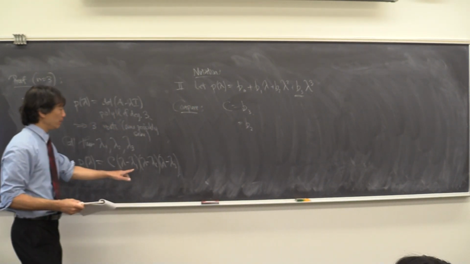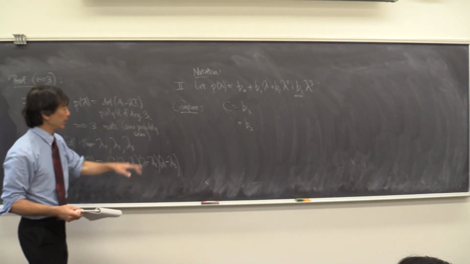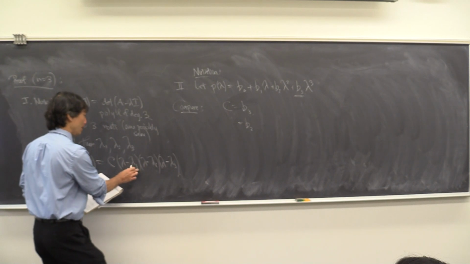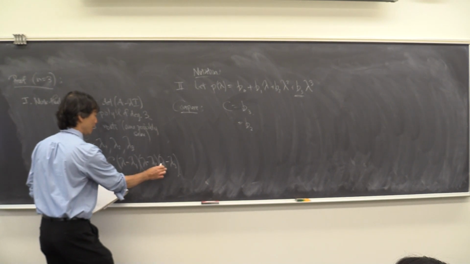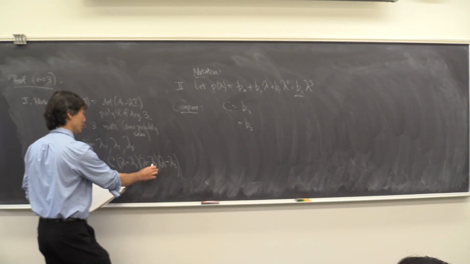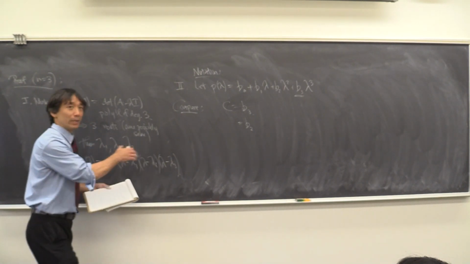And then for B2, we play that game. We're asking how many ways can we get squares? Well, we can get negative lambda 1 times lambda times lambda, negative lambda 2 times lambda times lambda, and so on.